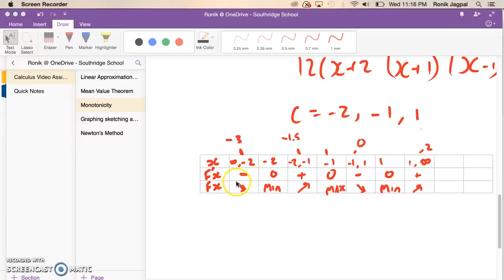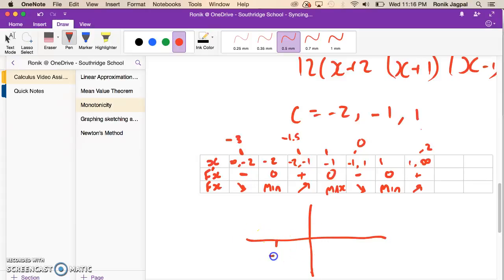That means that our slope is going to be negative. At negative 2 it is 0, and between negative 2 and negative 1, I used negative 1.5, and from that number I got a positive.